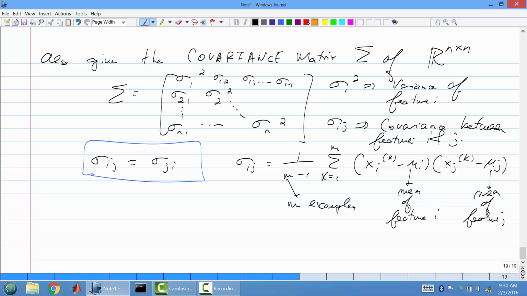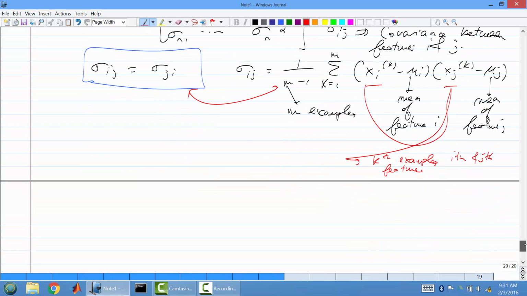Here x_ik and x_jk are the kth example's ith and jth feature. If you were to flip them, if you did sigma ji, the products are commutative, so that's why they match up. Okay, so this is what the covariance matrix would be.